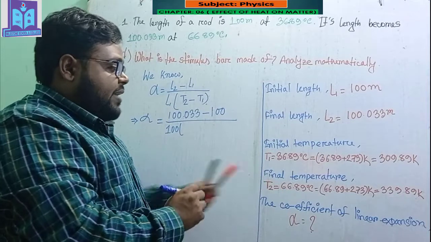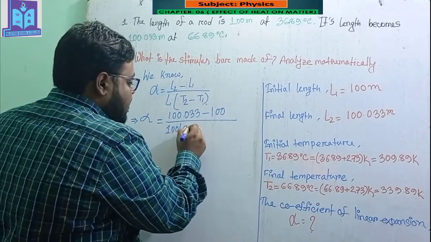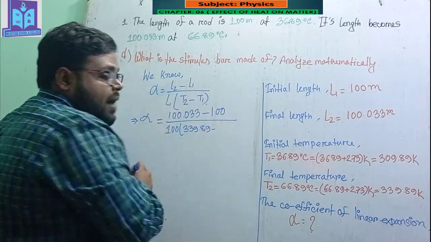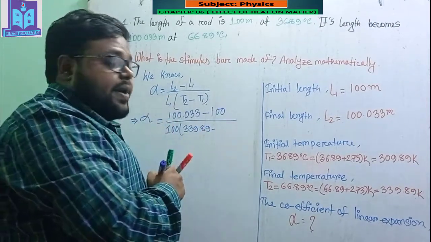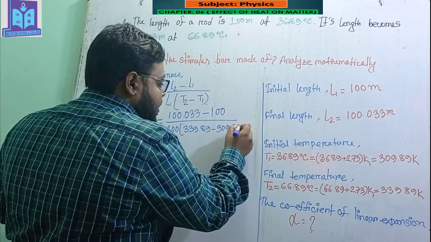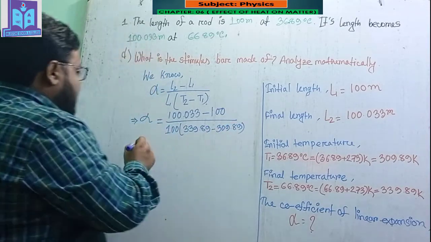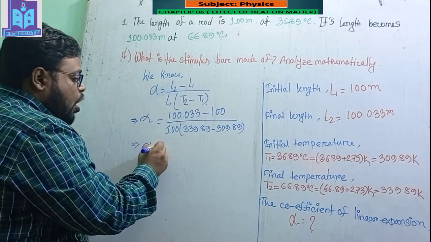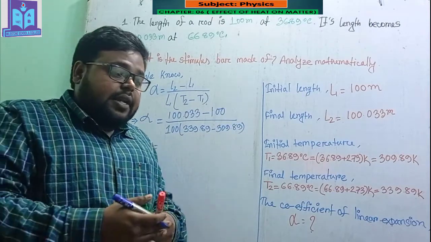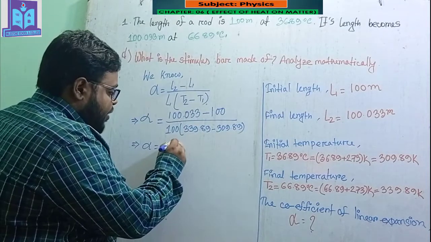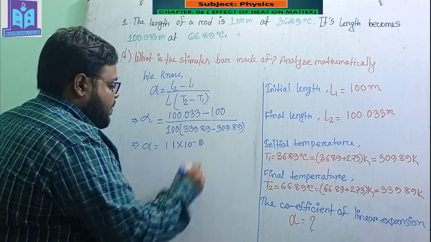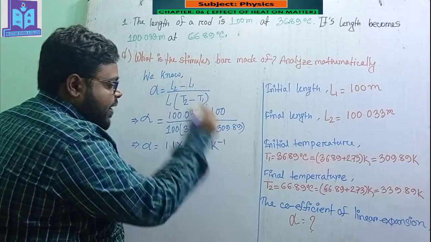The final temperature T2 is 339.89 minus the initial temperature T1 equals 309.89. If I put all of these values in my calculator, then I will get the value 1.1 into 10 to the power minus 5 per Kelvin.